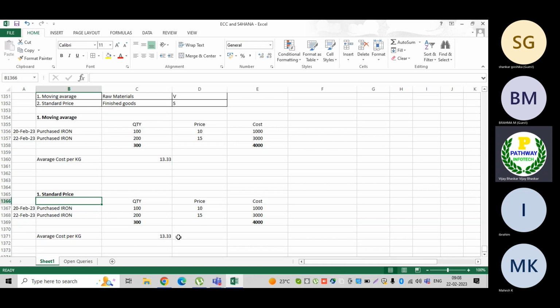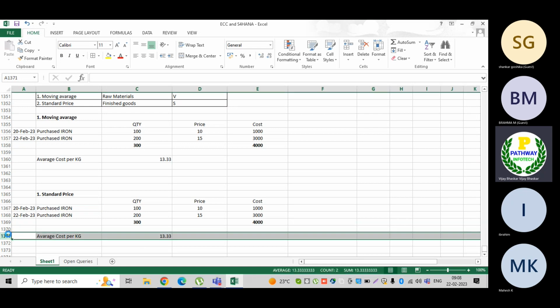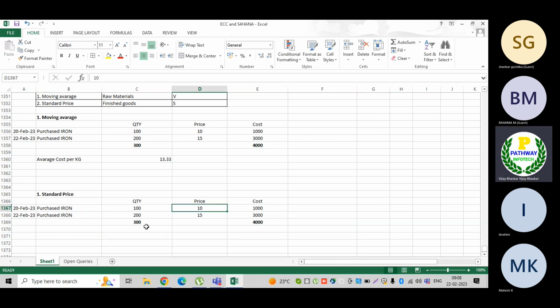Whatever price it has, 10 rupees, remains the same. So for this, first in first out, like that, what the system will do for this quantity, for 20th of February.